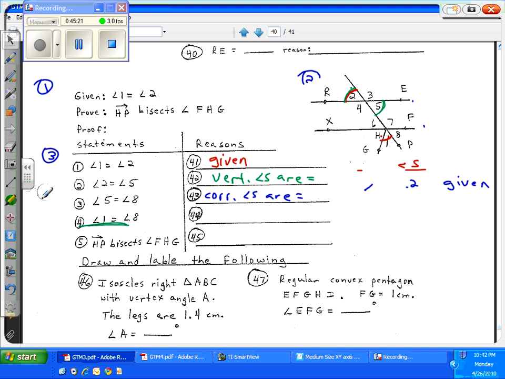And then we got to another statement, and it said that angle 5 was equal to angle 8 because they were corresponding. So now when we look at that, 1's equal to 2, and 2's equal to 5, and 5's equal to 8. They're all kind of equal to each other.